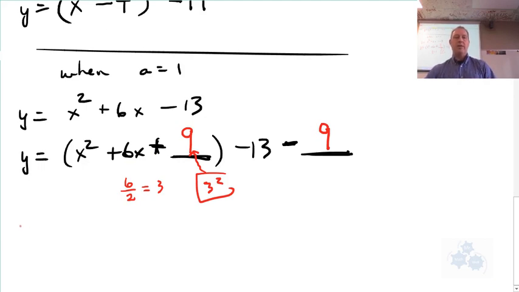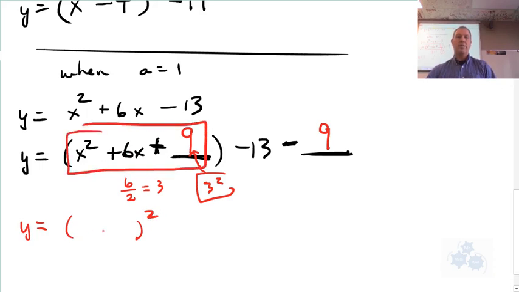So now what we've got is y equals, this is a perfect square trinomial. So what goes inside the brackets here now? What plus or minus what squared gives us this? It's going to be x. And then what do I put in here? Do you remember what? 3. So it's going to be positive 3, because that's what I squared to get this last term.